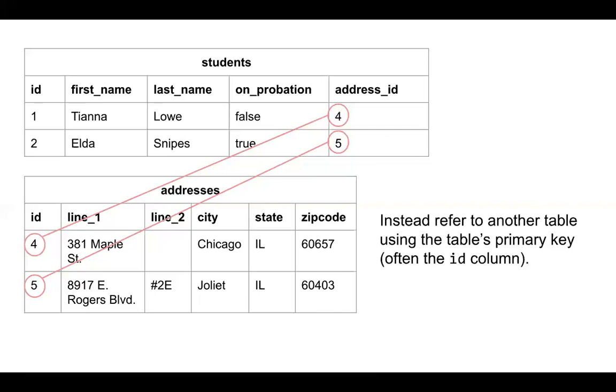What's called a join, and joins are a little more complicated. I don't know how to do one off the top of my head, but you would join the students table and the address table. You would say, okay, join where the address ID equals address.id. So that creates this connection here. And then you would say where address.city equals Chicago.